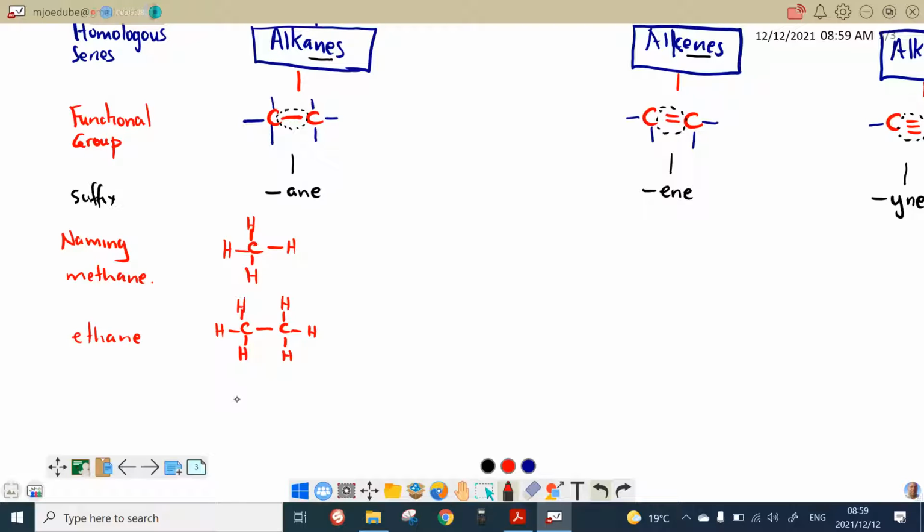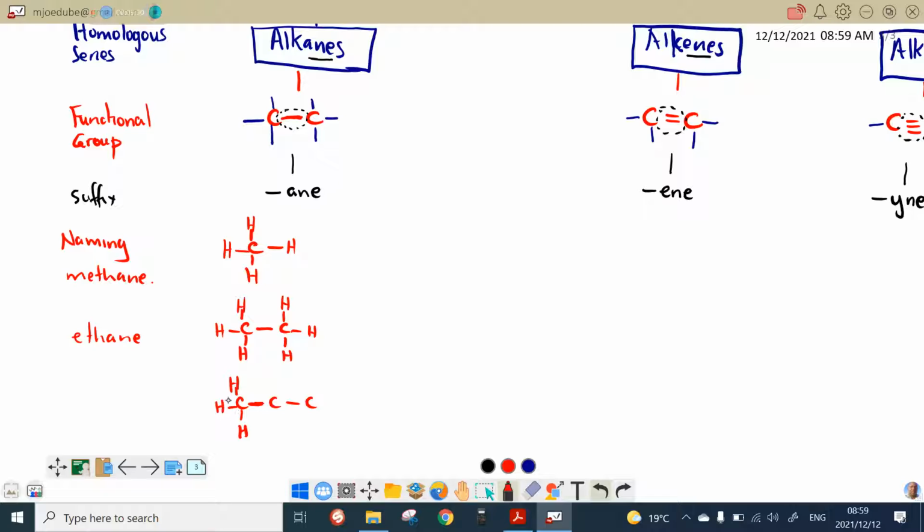Next one is a carbon chain with 3 carbons, and each of the carbon bonds are simple or single, and then around each carbon you need to have 4 bonds.